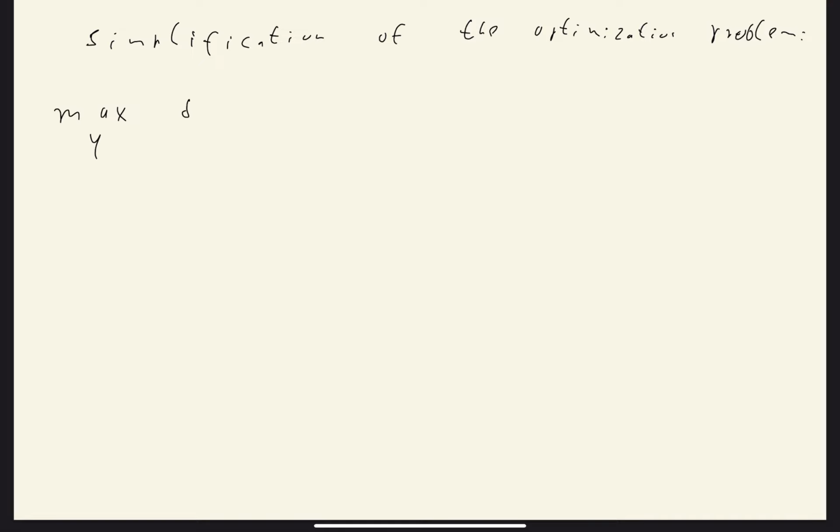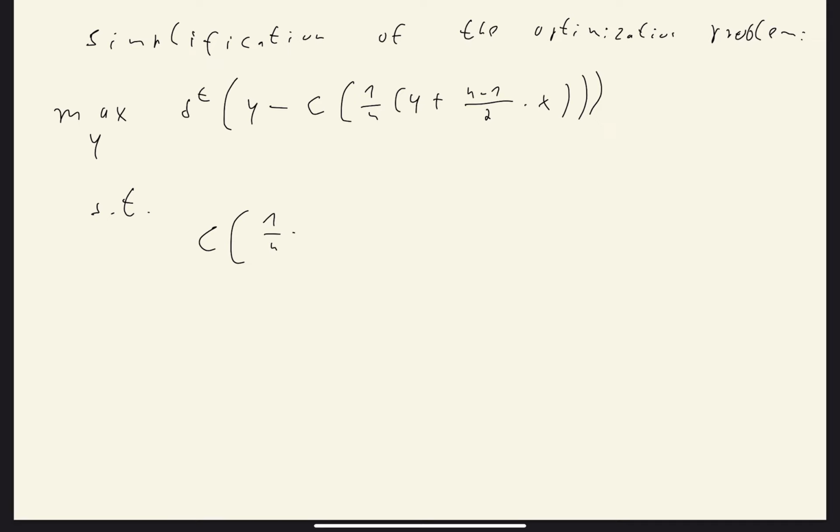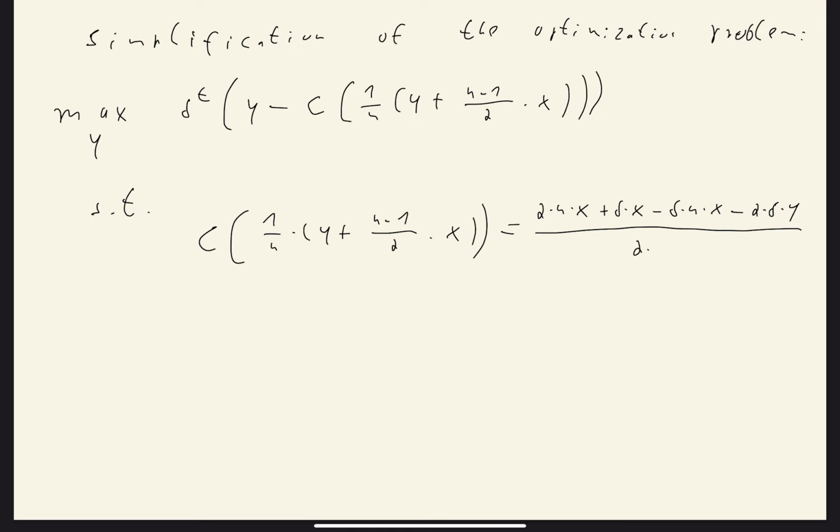So then it's simply max over y of delta to the power of t times y minus, so there's no change here with respect to the original objective function, 1 divided by n times y plus n minus 1 divided by 2 times x, such that, now if you solve the constraint, the equation there for the cost function, what you get is c of 1 divided by n times y plus n minus 1 divided by 2 times x is equal to 2 times n times x plus delta times x minus delta times n times x minus 2 times delta times y, divided by 2 times n times 1 minus delta.